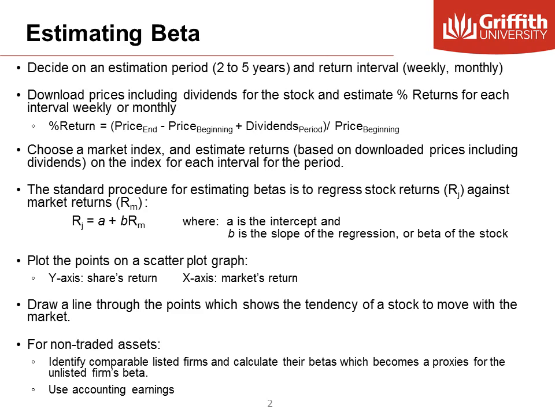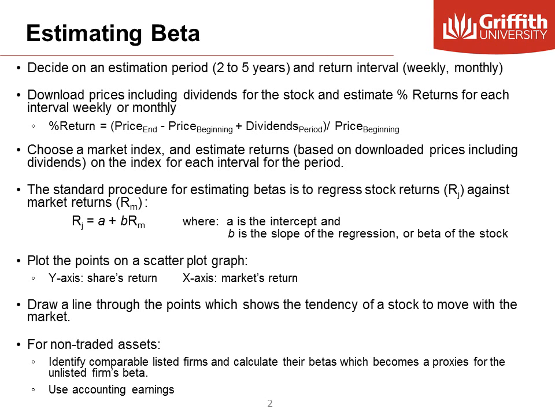The conventional approaches of estimating betas from regressions do not work for assets that are not traded, for example, unlisted firms. This is because there are no share prices or historical returns that can be used to compute the regression betas. There are 2 ways in which betas can be estimated for non-traded assets.